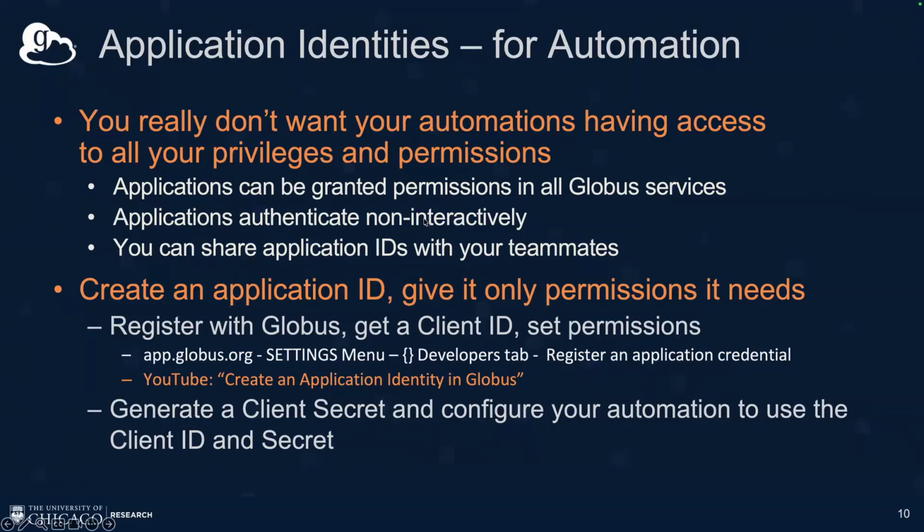So a practice that we strongly recommend is that rather than using your own permissions for your automations, you instead create something called an application ID. I'm going to show you how you do that using the Globus web interface. It's very easy to do. It'll give you a client ID and a client secret.